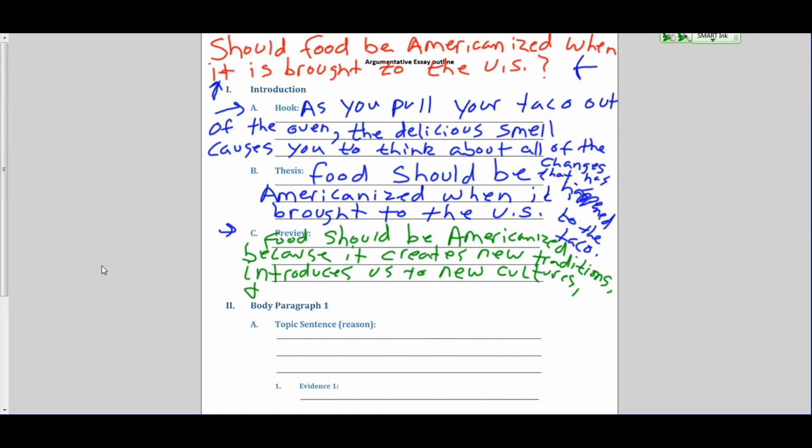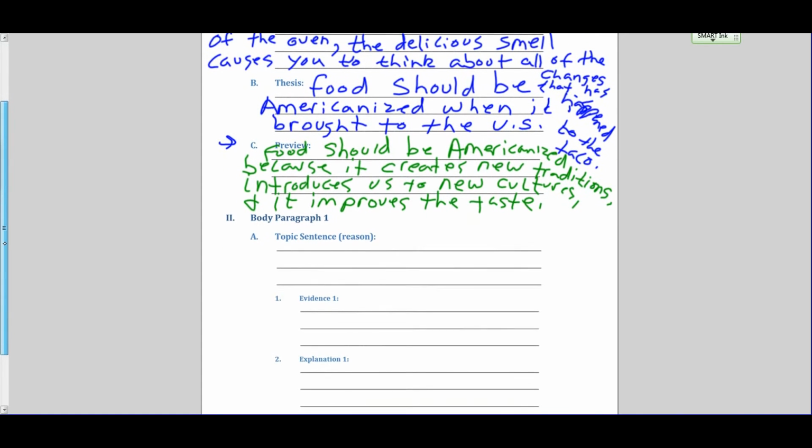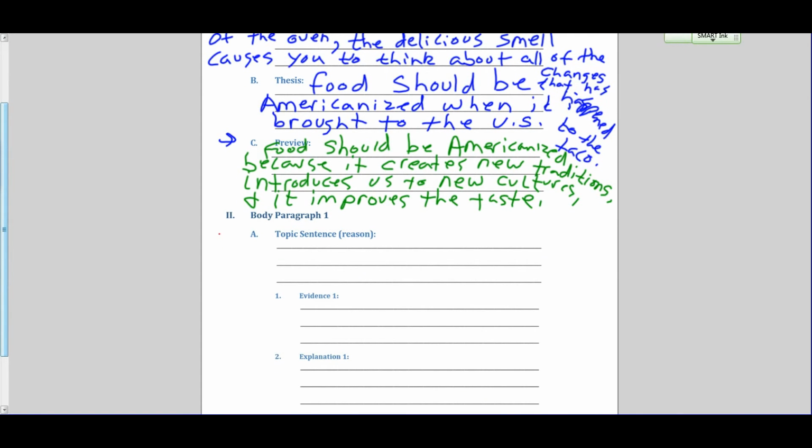And it improves the taste. Now that I have my preview written, I'm ready for my first body paragraph. The topic sentence for my first body paragraph comes right from the first part of our preview. So my first topic sentence is going to be food should be Americanized because it creates new traditions.